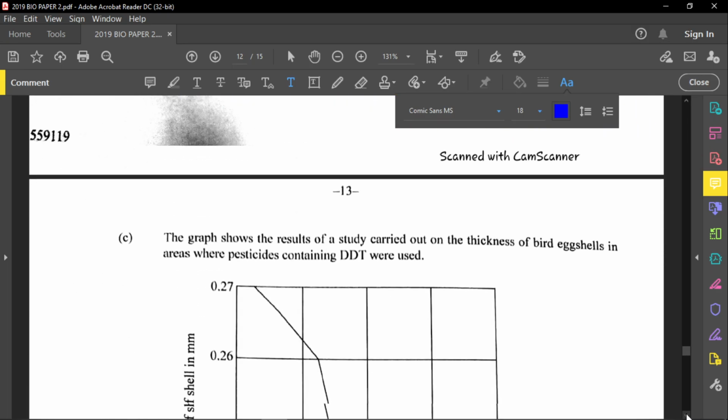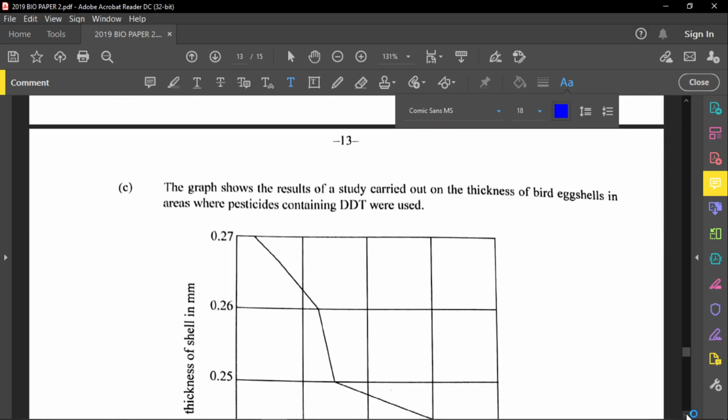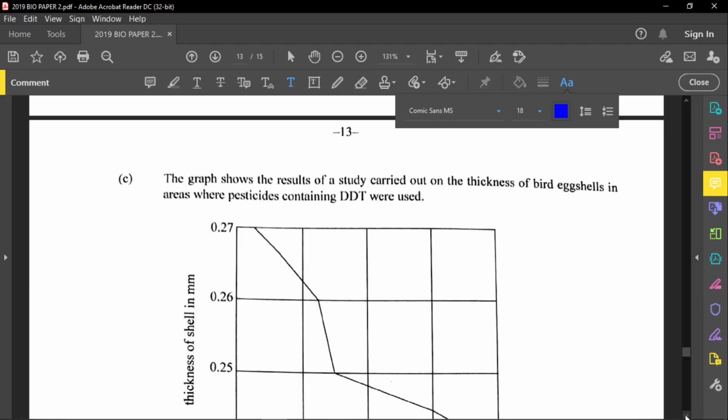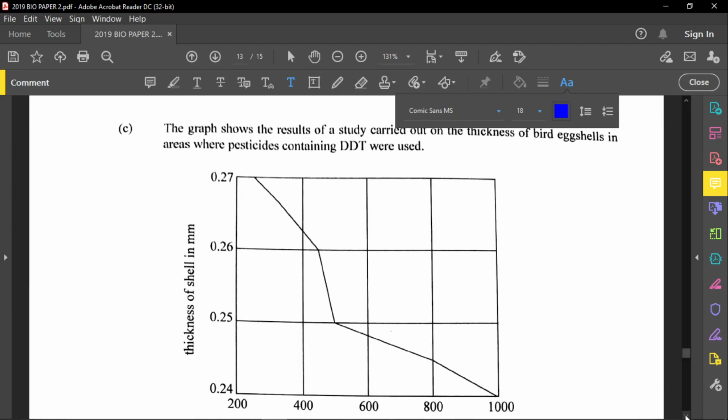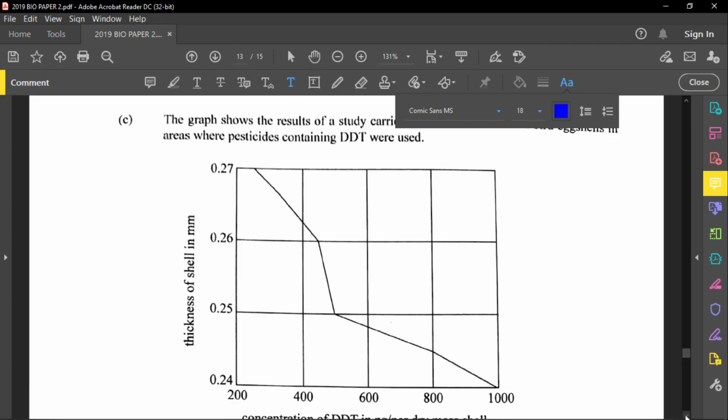All right, so part C of this question now. It says that the graph shows the result of a study carried out on the thickness of bird eggshells in areas where pesticides containing DDT were used. And DDT is now a banned substance in most places.